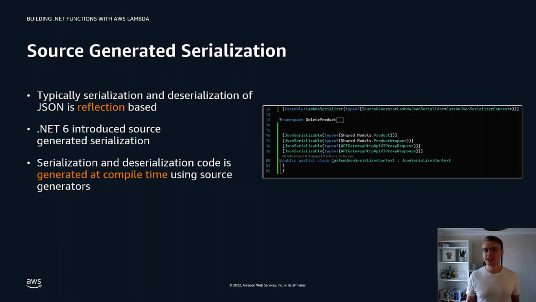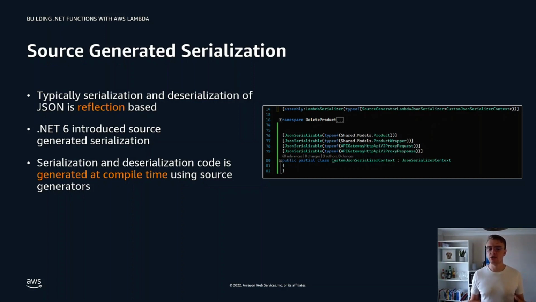So if you're using native AOT, you need to be looking at source generated serialization. And source generated serialization uses .NET source generators to generate the code for serialization and deserialization at compile time. It actually generates a static model at compile time to access data on the types, and it uses optimized serialization logic. When you're doing that though, you need to ensure you tell your serialization context the objects that it needs to generate that serialization code for.